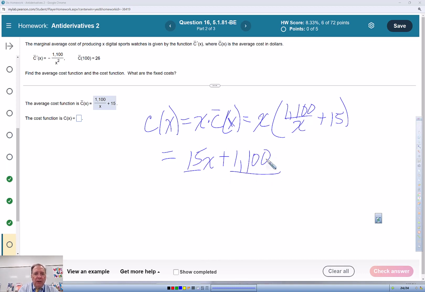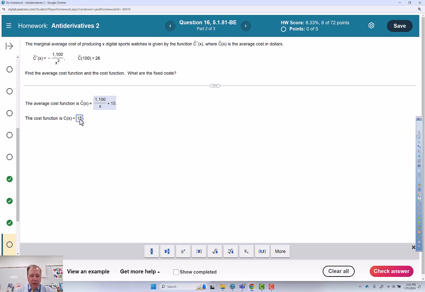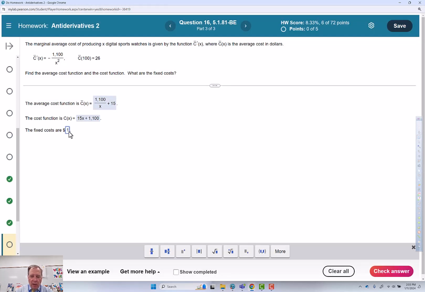Variable cost, fixed cost. So we'll put that in, 15x plus 1100. Nice work. And then our fixed costs are 1100.